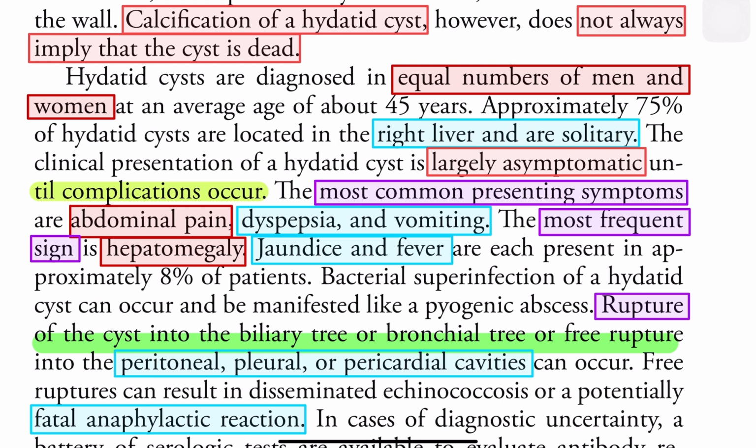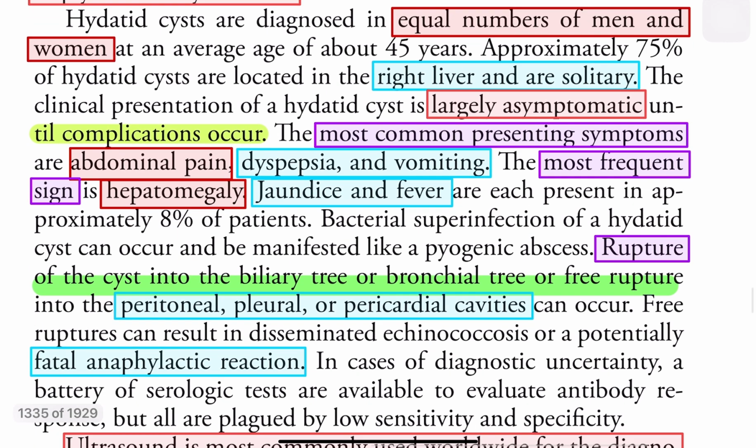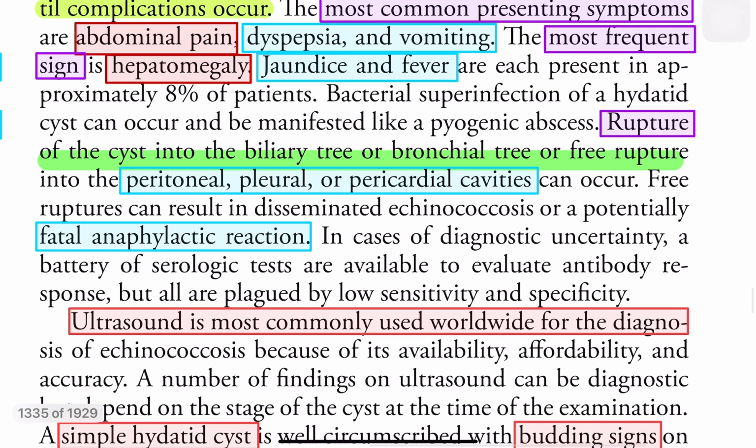Clinically, when the patient presents to you, the cyst is generally large and asymptomatic. The most common presenting symptoms are abdominal pain along with dyspepsia and vomiting, and the most common signs are hepatomegaly along with jaundice and fever.